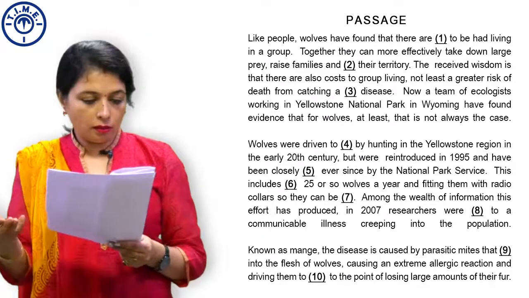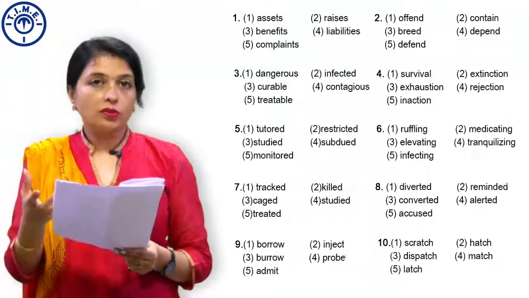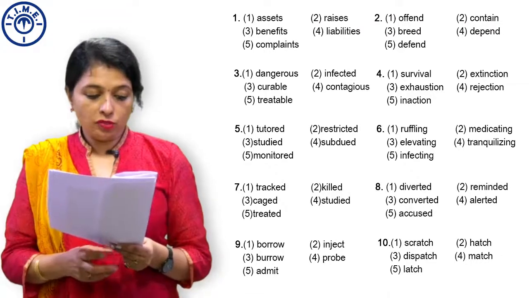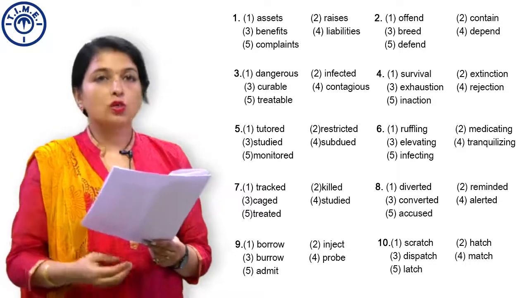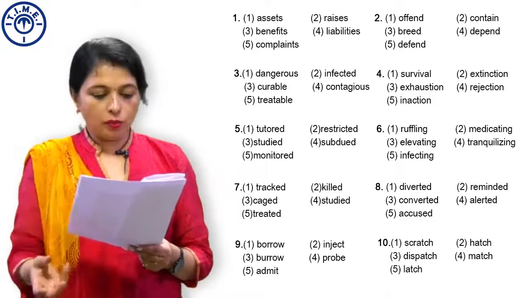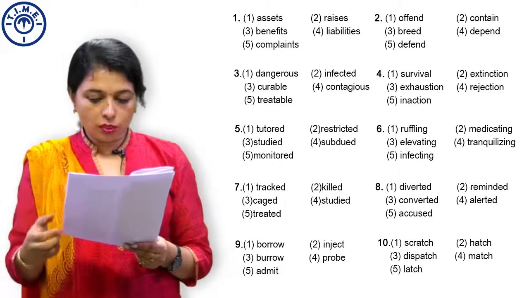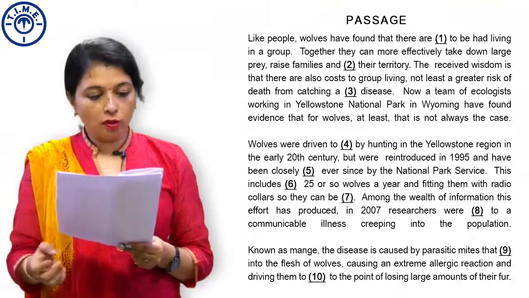Now, let us look at the options. Of course, we cannot have driven to survival, we cannot have driven to exhaustion, rejection or inaction. The best word over here is driven to extinction. So, we choose choice number 4 for blank number 3 and we move on.